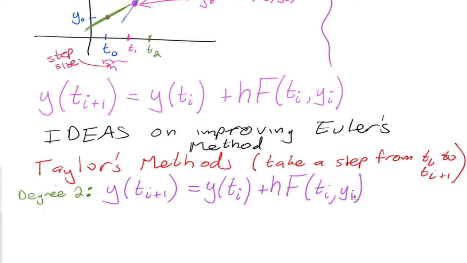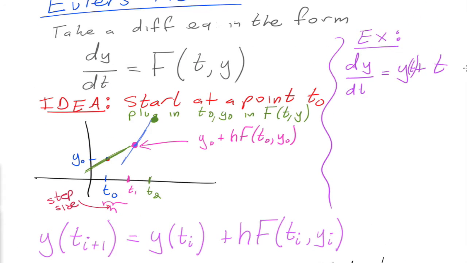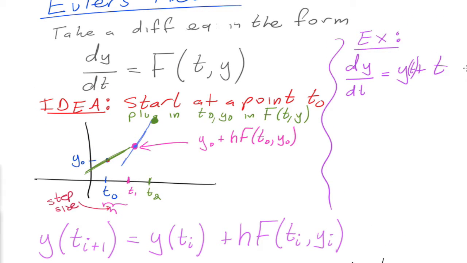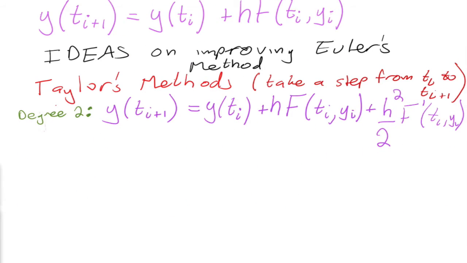So if you wanted to do degree 2, you would have one more. So what would happen to the h? It would be h squared over 2 times the derivative. So basically you're getting the derivative of this differential equation, or you can think of it as the second derivative of y, right?